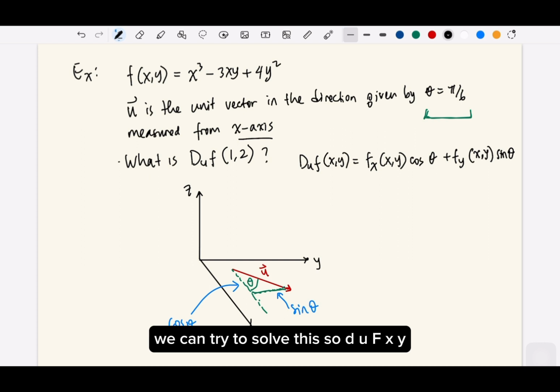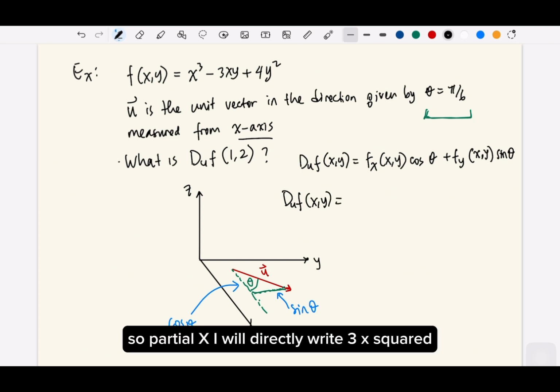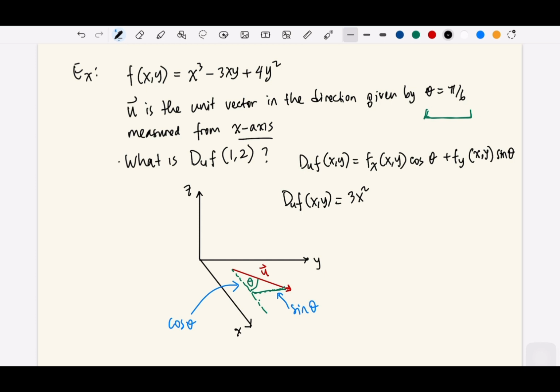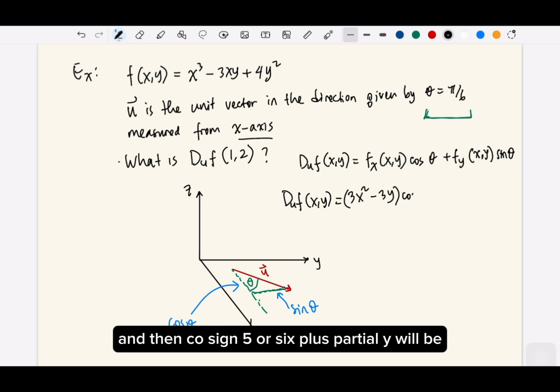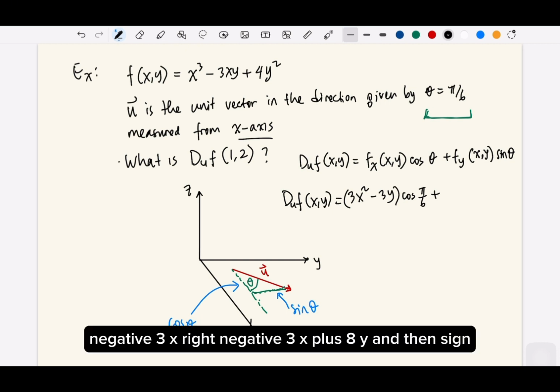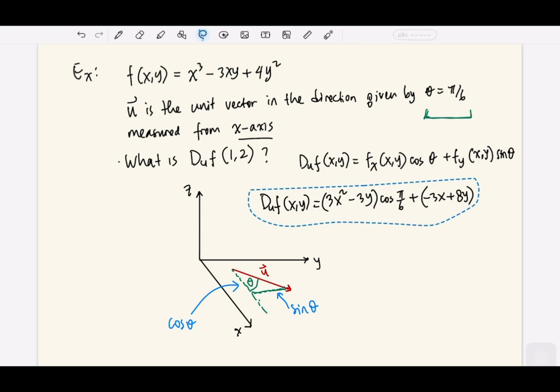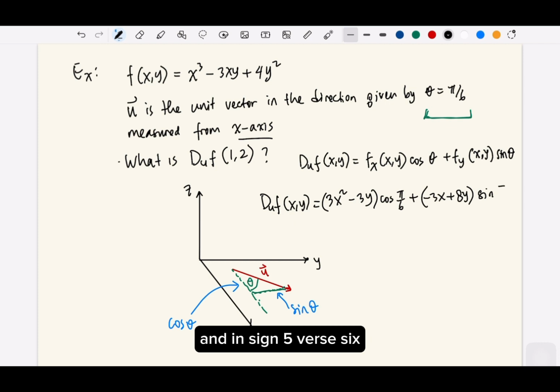Okay, and then we can try to solve this. So the directional derivative D_u f(x,y). For partial x, I will directly write 3x squared minus 3y, and then cosine pi over 6, plus partial y, which is negative 3x plus 8y, and then sine pi over 6.